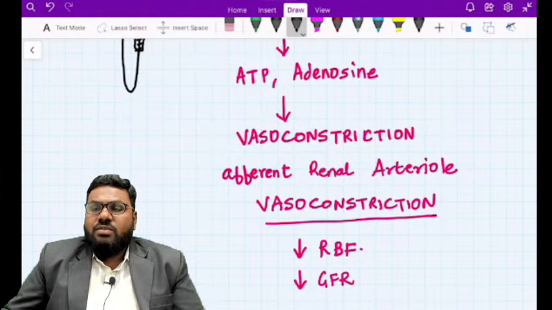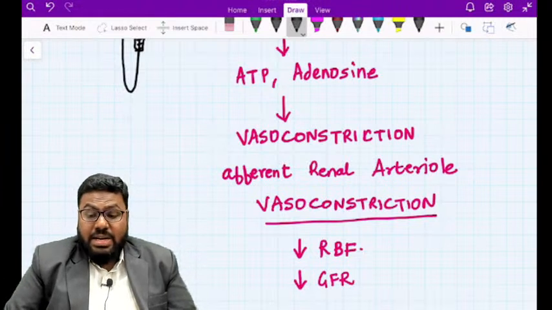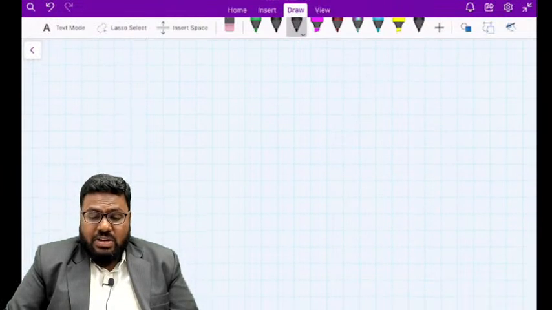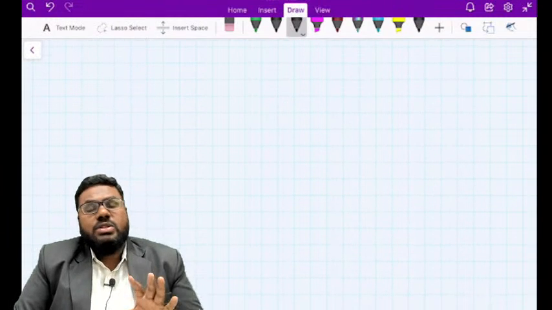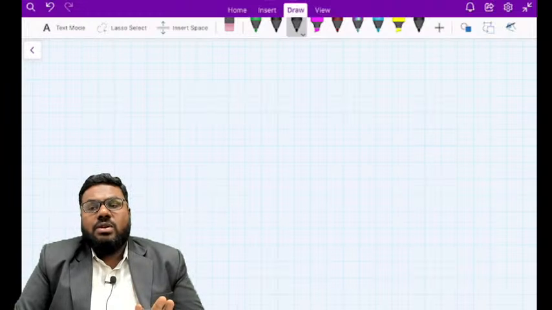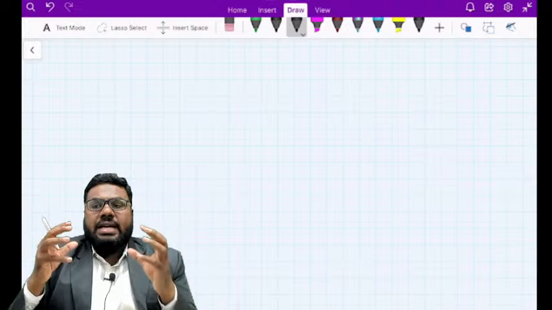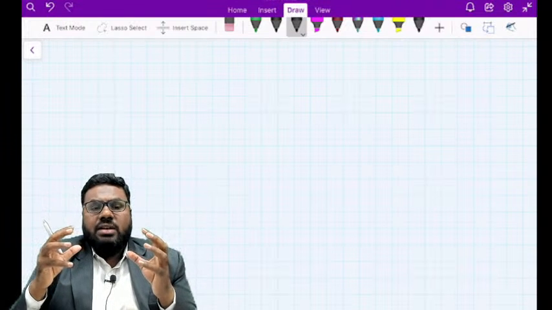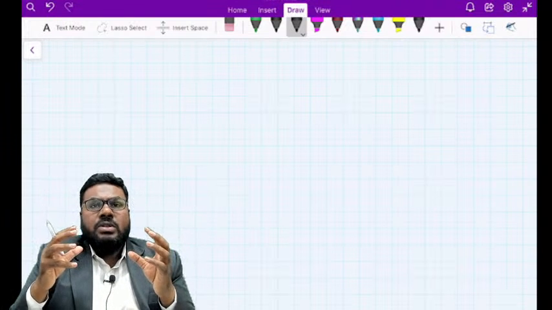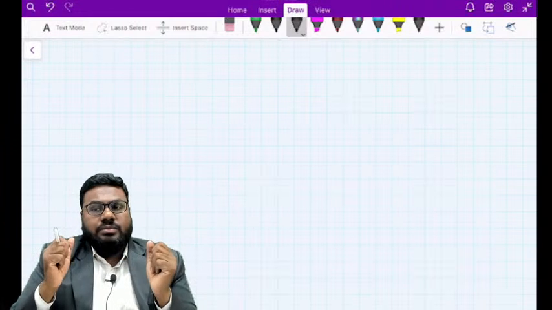Now we'll try to understand what is series hemodynamics and parallel hemodynamics. This is slightly difficult to understand, so please remember that the individual nephrons that make up both the kidneys are actually connected in parallel.